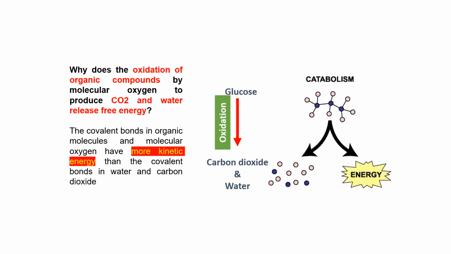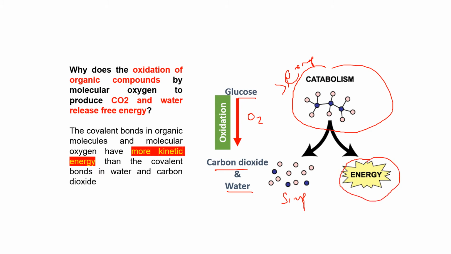The answer will be A, because as we said before, when glucose is oxidized, it produces carbon dioxide and water. So it's a catabolic reaction where you go from a more complex molecule to simpler molecules. As a result, it will release energy because the glucose has more potential energy than the carbon dioxide and the water.